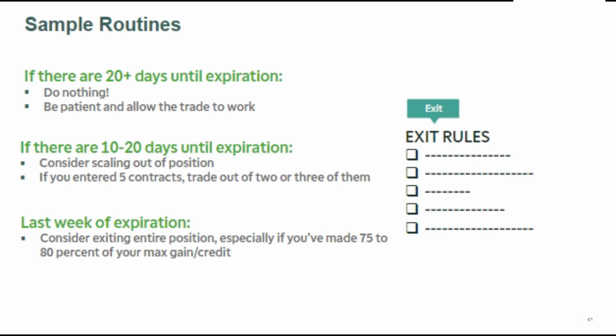This is what we did with Baidu, except we did it basically right when we got into it, because we were at 80% profit. So we just rolled it up to a different strike to receive some more credit. So anytime you realize 75 to 80% of your max profit, consider exiting the entire position, because I think that's a profitable trade. You're not going to go broke making money like that.